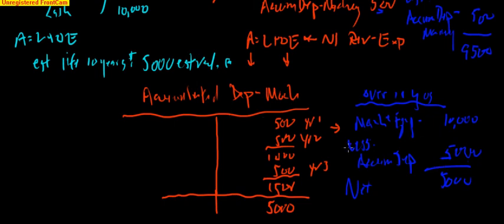Every year we have shown $500 in depreciation expense. And in our contra asset account, accumulated depreciation, we have accumulated $5,000 worth of depreciation against the $10,000 cost, giving us a net value. It's actually net book value of $5,000.